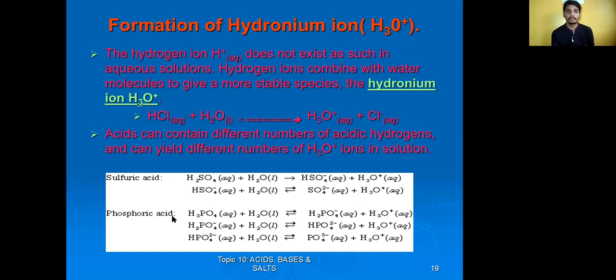So just have a look at this. In case of H2SO4, it is going to donate HSO4- along with H3O+. In case it donates only one hydrogen atom, it is formed like this. So this is how the ionization takes place.